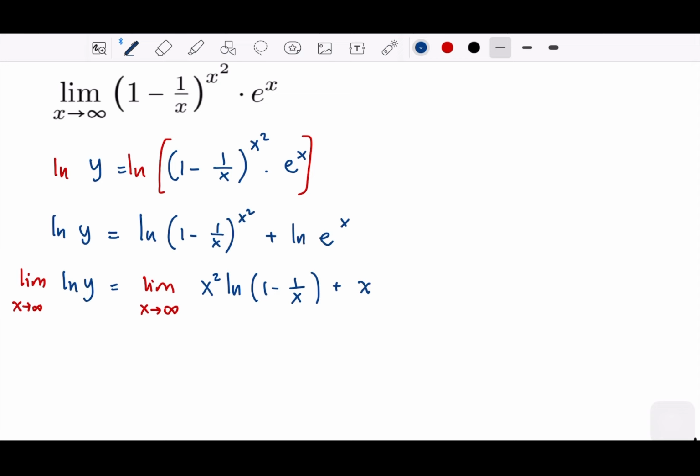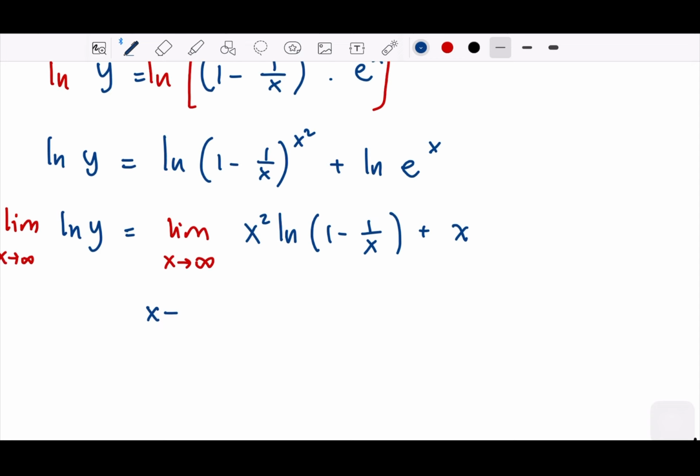Oh, I think we could take this. If t is equal to 1 over x, I think we can solve this.